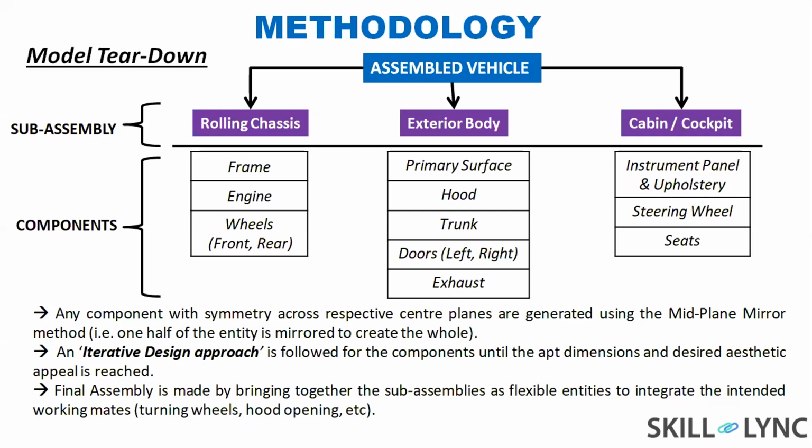Each of the components and the sub-assemblies are finished via an iterative design approach, by continually making suitable changes until the final result is reached. So for symmetry components, as is very popular, the mid-plane mirror approach is used, and the final assembly is composed by bringing together the 3 sub-assemblies as mentioned: rolling chassis, exterior body, and the cockpit together into the graphics window as a flexible entity, so that the working mates can also be imported.